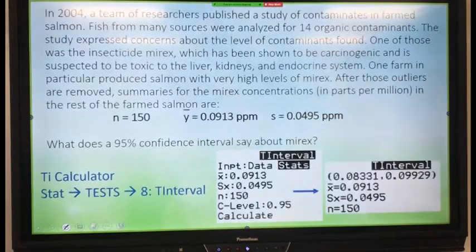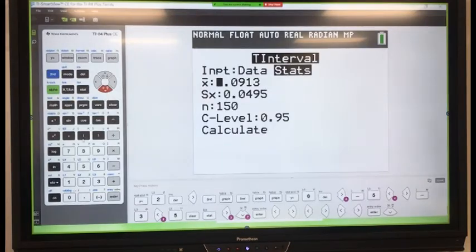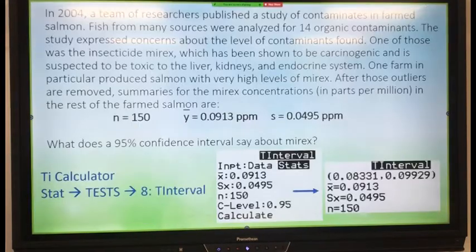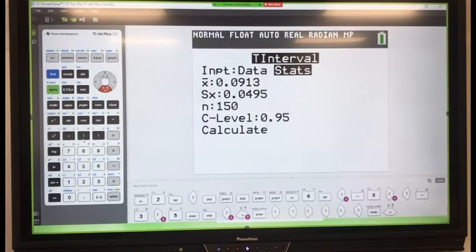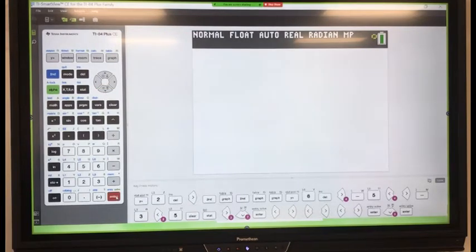And let's see, what was my mean? 0.0913. My S value, 0.049. N of 150, and a confidence level of 0.95. And calculate.